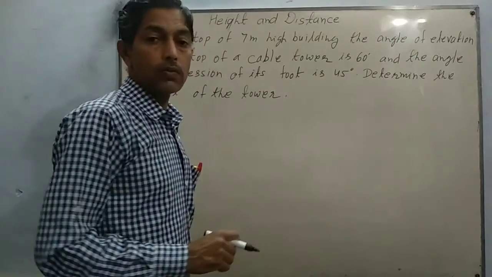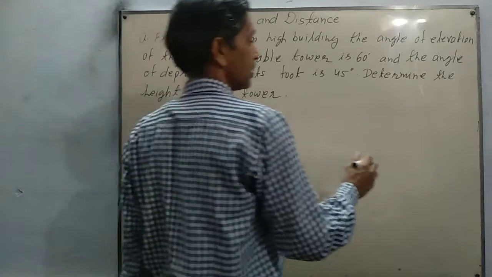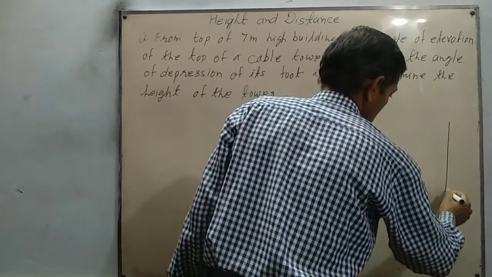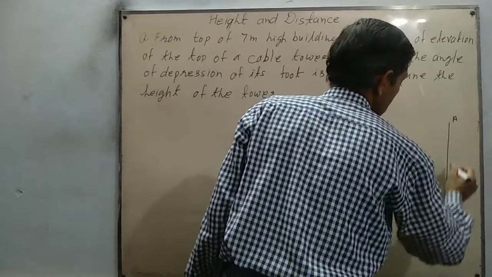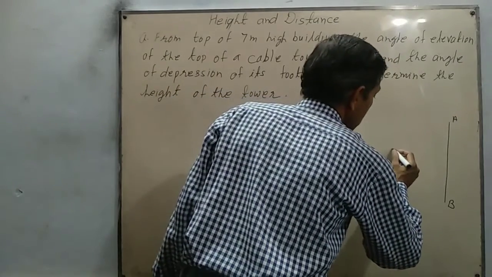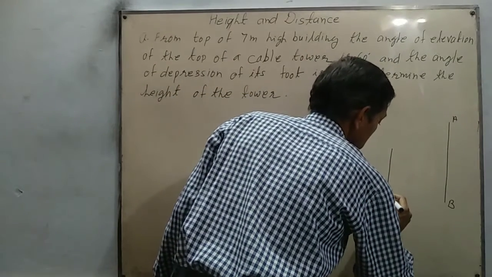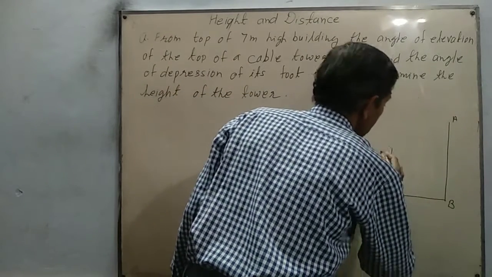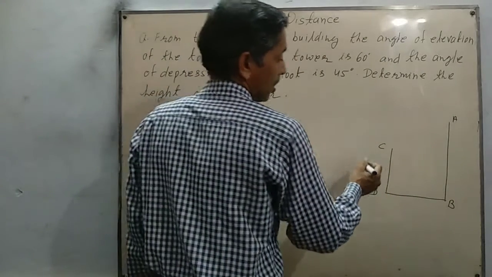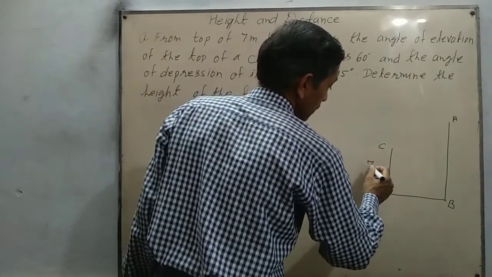First, we draw a figure according to question. Let AB is the tower and CD is a building of height 7 meter.